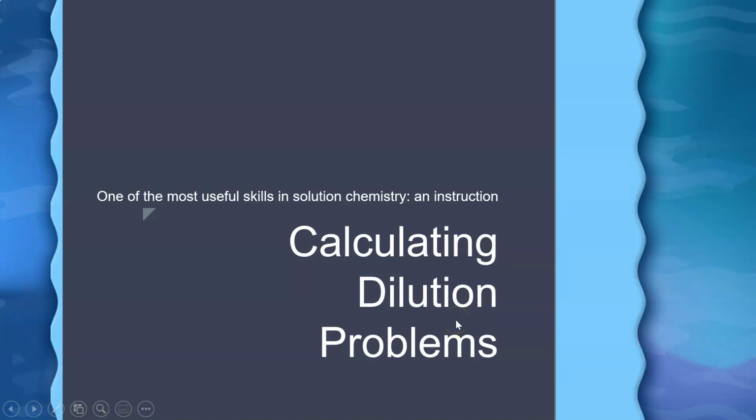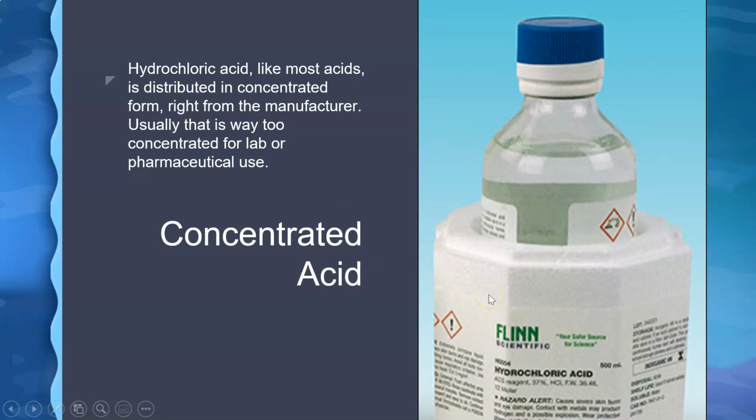So one of the most useful skills now that we know about molarity is handling dilution problems, changing the molarity of a solution, usually making it less. And the reason that's so very useful is that most solute things that you can buy in solution, like acids, for example, are distributed in concentrated form from the manufacturer.